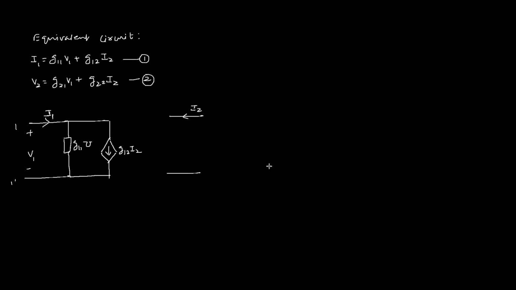Now in the second equation, on the left hand side we have voltage. So the two quantities on the right hand side are also voltages, and a sum of voltages is possible when the two components are connected in series.